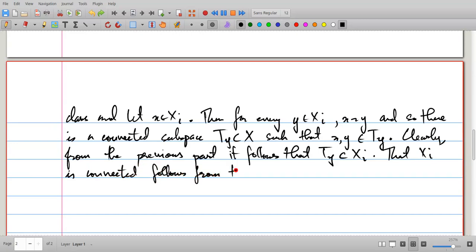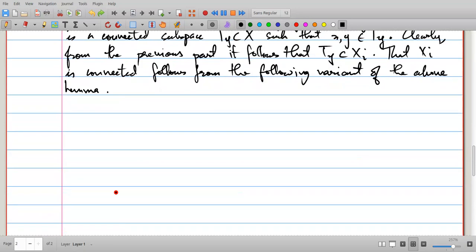So this is a slight modification of the above lemma. Let me write this, and this is also left as an exercise.